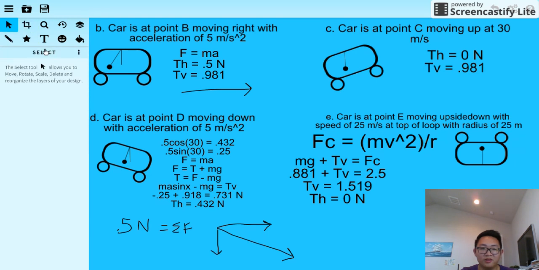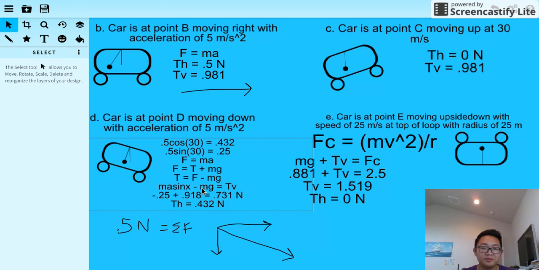Knowing those, we can now solve for tension. So if we look at this algebraic equation, F equals ma, we can replace ma with tension plus mg. Since there's only two forces, the net force is the difference between tension and gravity, or weight. And then when we isolate for tension, we get tension equals force minus weight. Force in this case, if we're solving for vertical tension, is ma sine x.